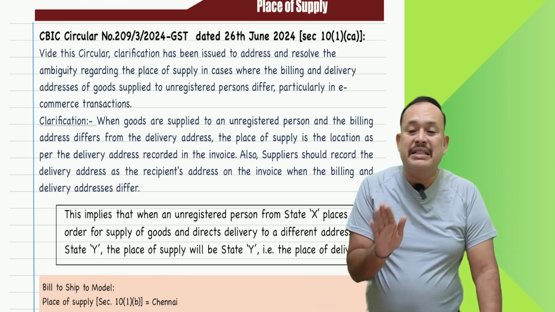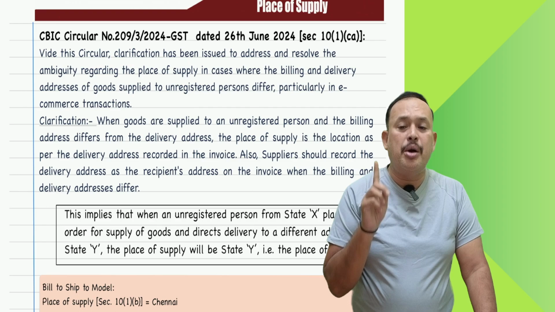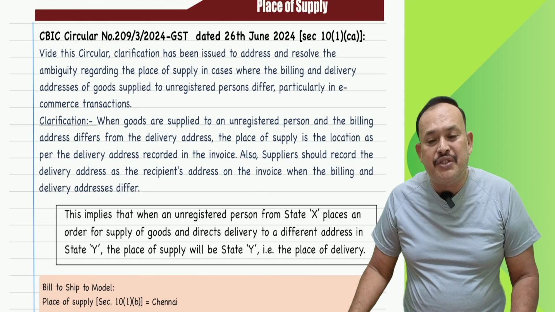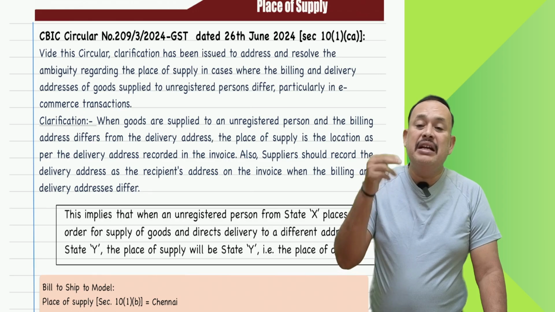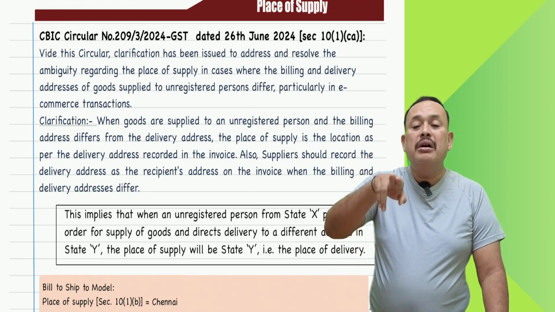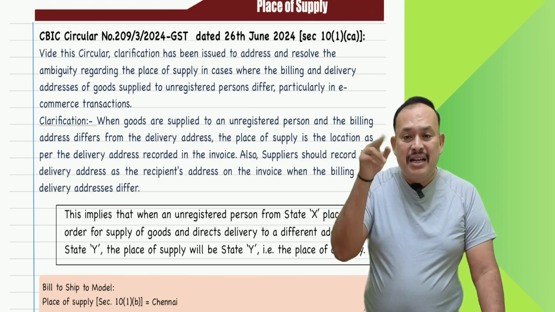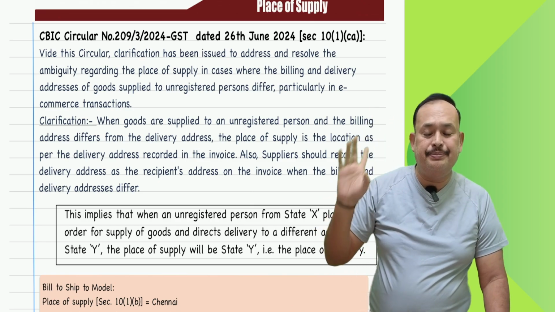So in the given case, for supply of goods through an e-commerce operator to an unregistered person, place of supply is equal to the delivery address. If the delivery address differs from the billing address, then the invoice should be issued with the delivery address itself as the address of the recipient.